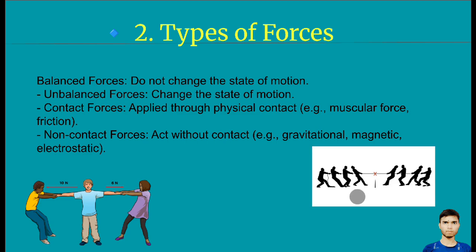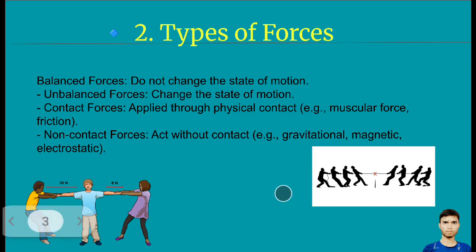The quantity of Newtons on this side is the same as on the other. So this figure is showing that it is a balanced force. Clear? Because the amount of Newtons on both sides is the same.